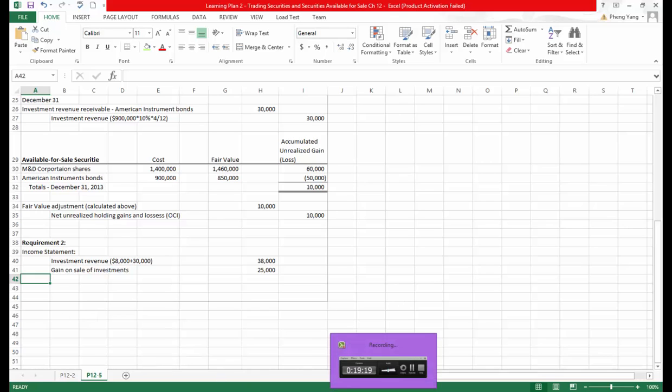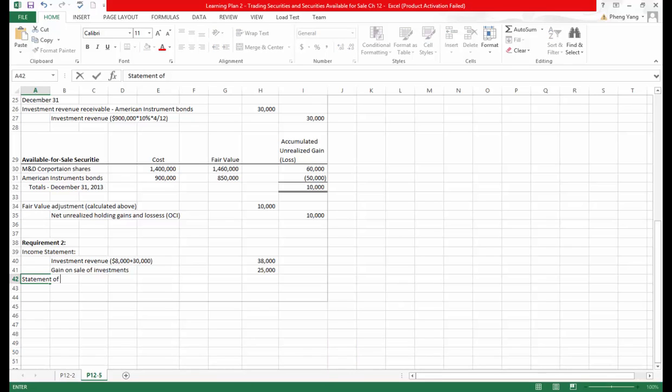And then for the statement of comprehensive income, the net unrealized holding gains and losses on investment is at 10,000 that we just calculated here. So that's going to be the income statement for that 38 and 25, and then the statement of comprehensive income, they're going to report $10,000.